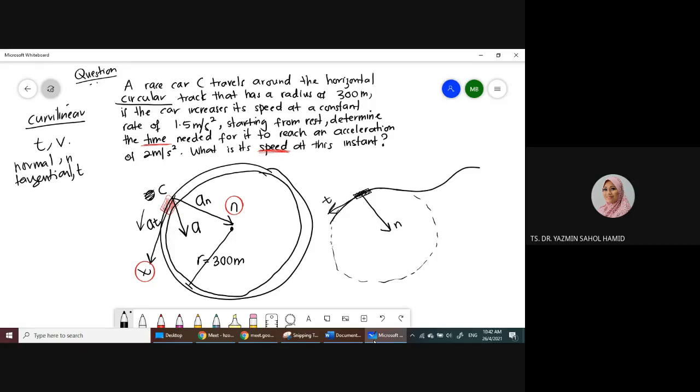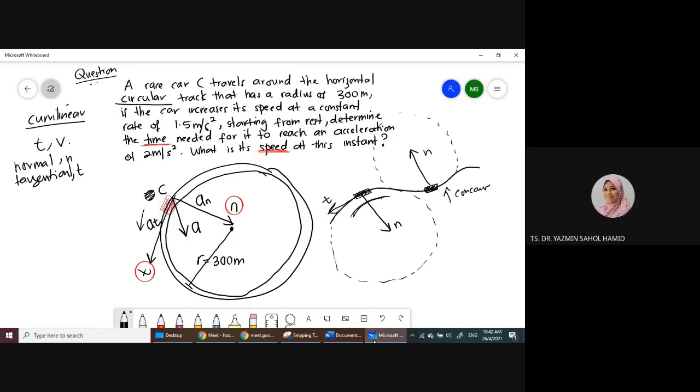This will be T. Let's say the car is here. You need to draw the circle like that. The concave. Ni namanya concave. So the N will be there, inside.